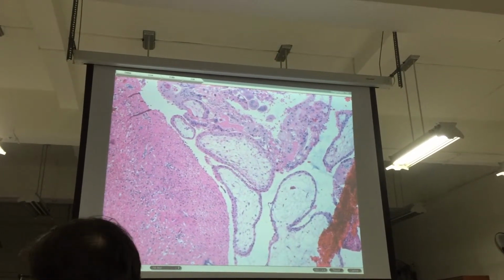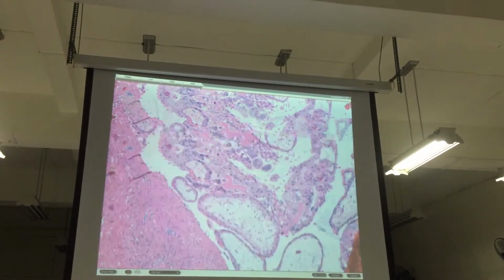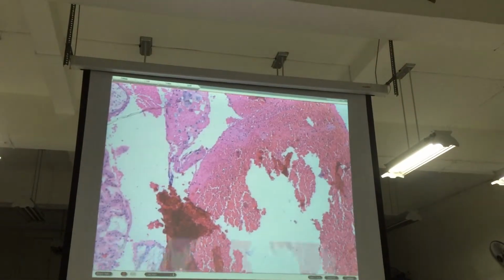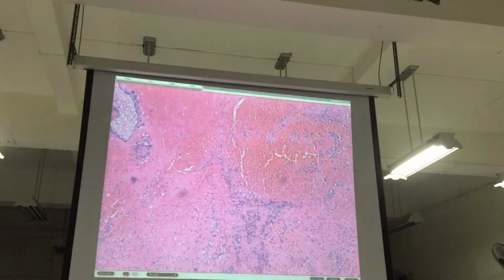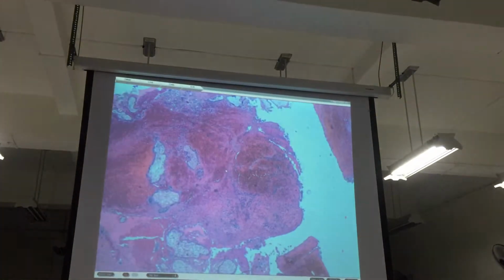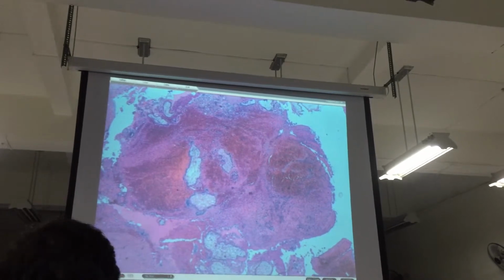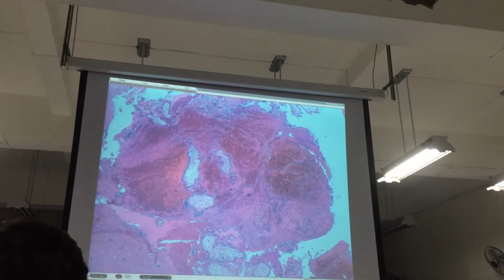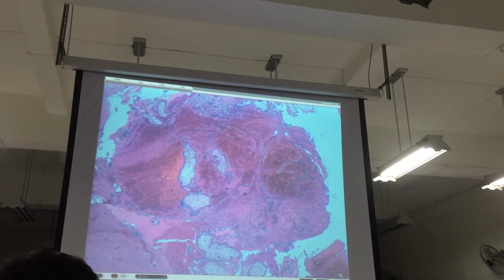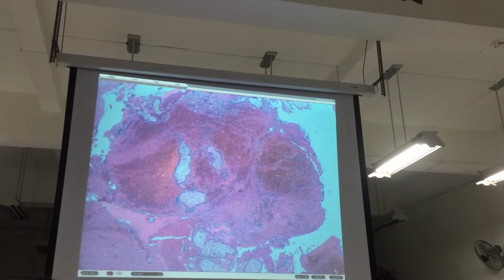Immature chorionic villi. So when you see chorionic villi, and of course surrounding these villi are blood clots, inside the lumen of the fallopian tube, your impression is what?